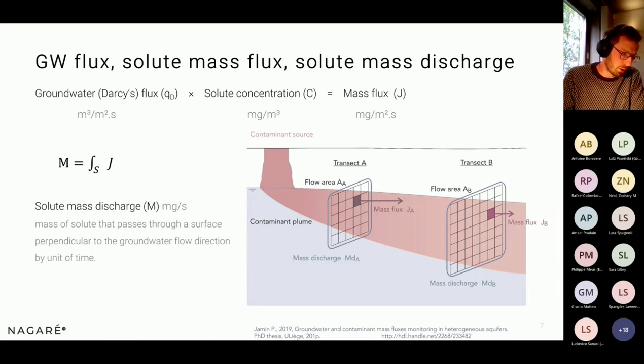So as I said, we need two simultaneous measurements: the solute concentration and the Darcy flux. The contaminant concentration is already often measured by the consulting company on the polluted site, so we already have access to the data. So we focus on performing the groundwater measurement.